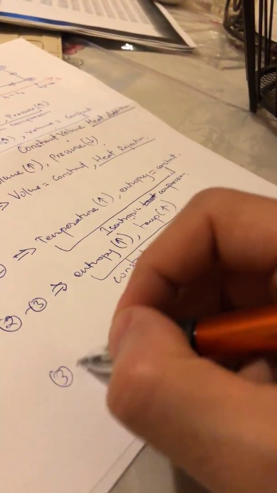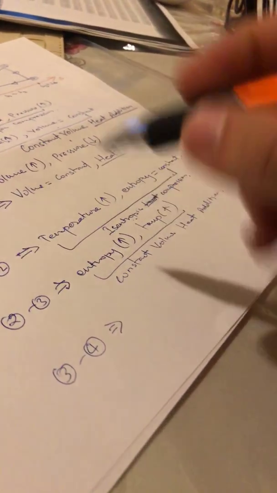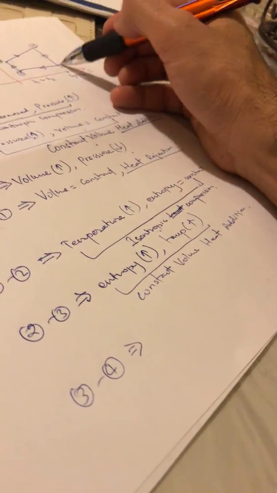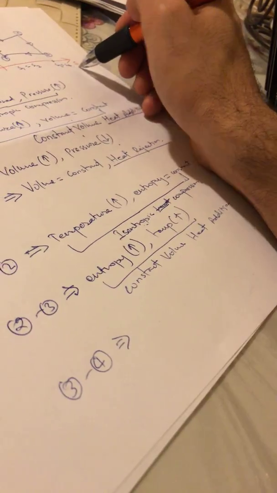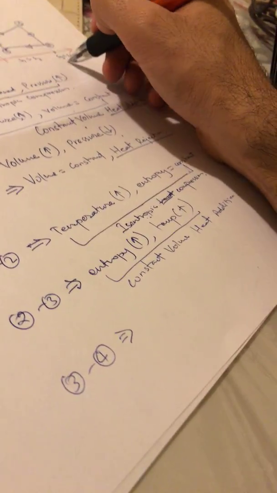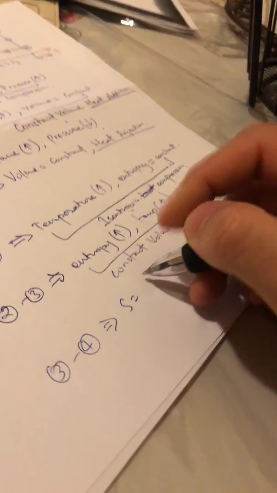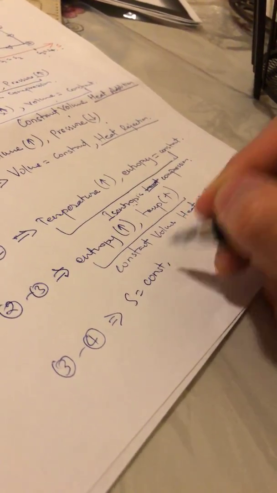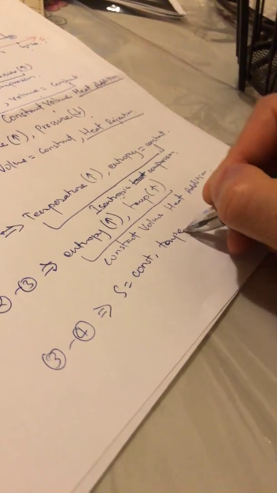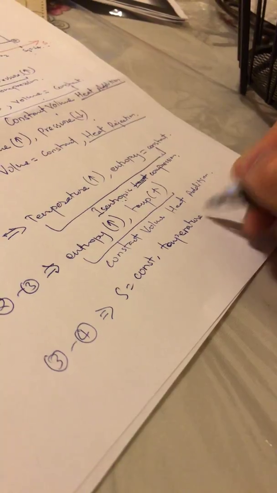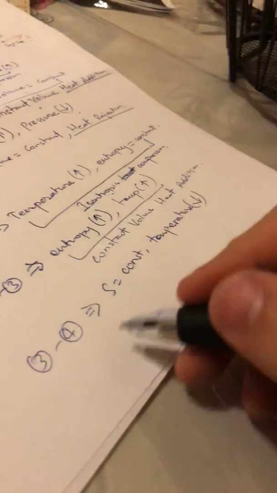Again, 3 to 4. If you see here, the entropy remains constant, meaning that S remains constant, but temperature decreases.